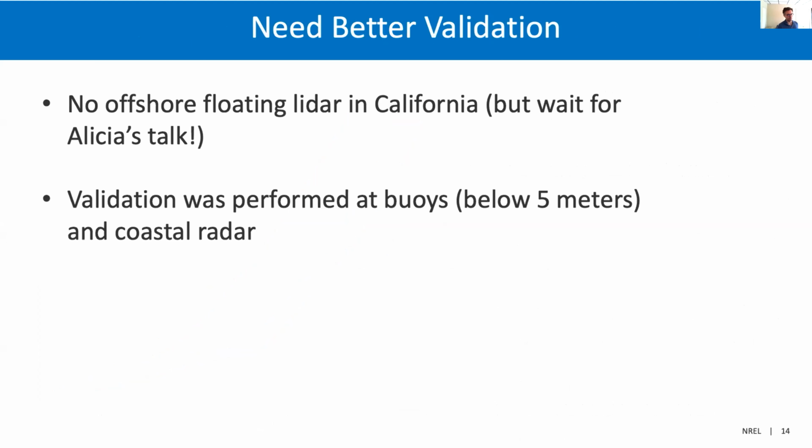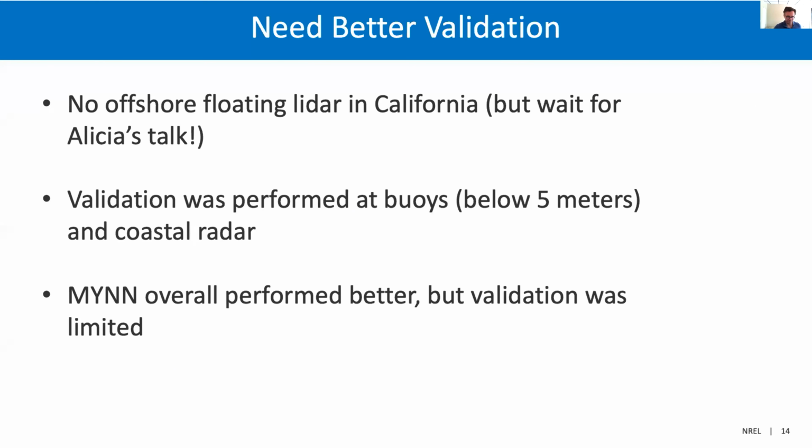So instead for this work, we did a lot of validation at buoy-based measurements below 5 meters and leveraged some coastal onshore radar where we could. We found that MYNN did perform better. It was kind of marginal at these lower heights and on land, and wasn't able to fully explain this big difference in bias that we're seeing. So we really need to do more work, and we're very excited to validate once this offshore LiDAR in California becomes available.